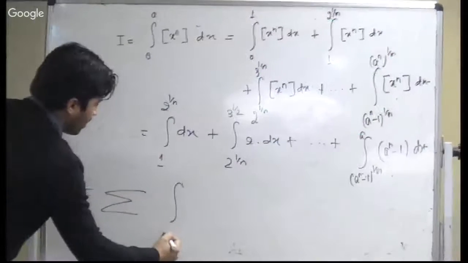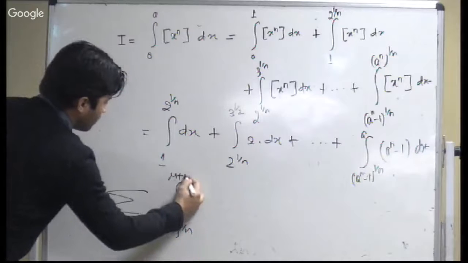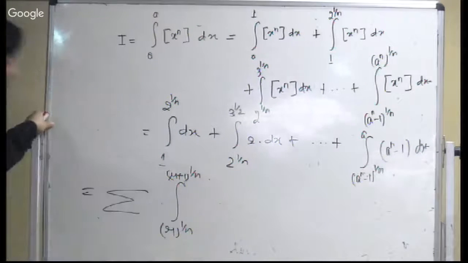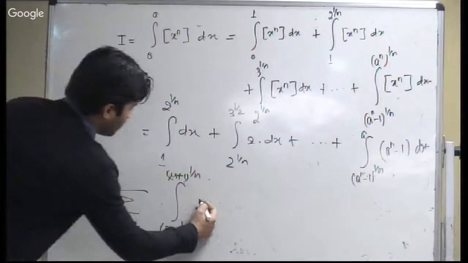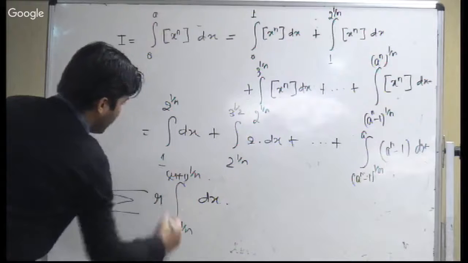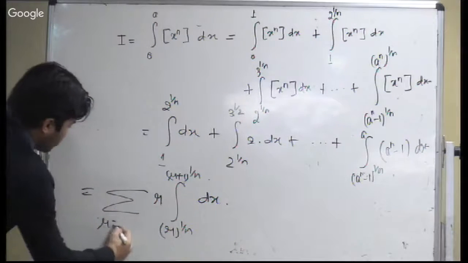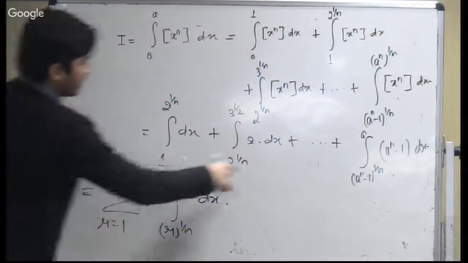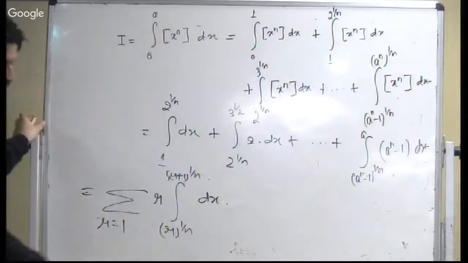Okay, r dx, and then r dx, r is out, and it is varying from r is equal to 1 to, where are we going, e to the power n minus 1.